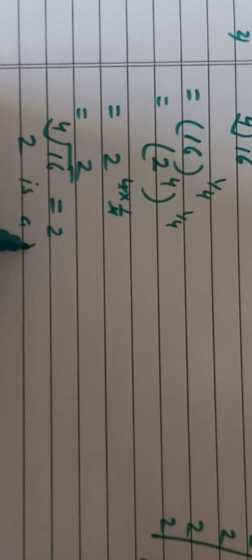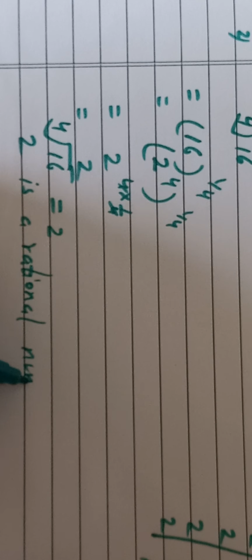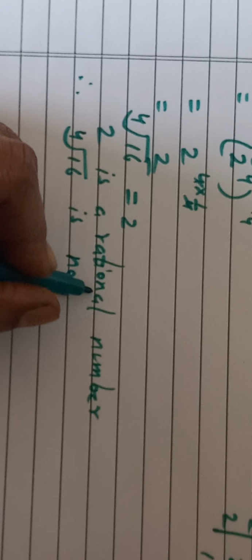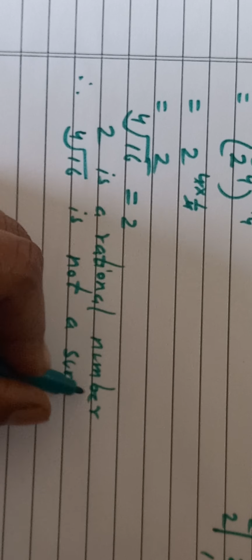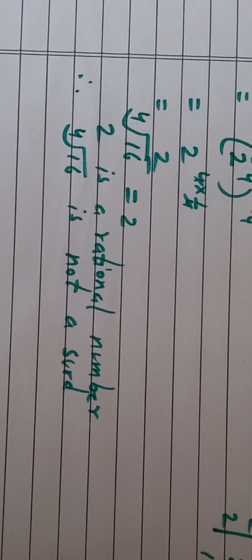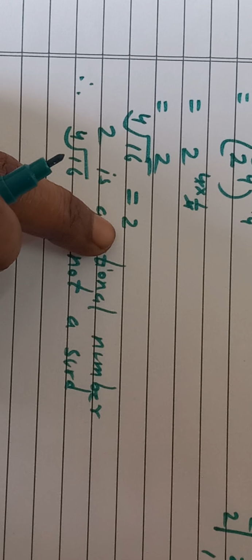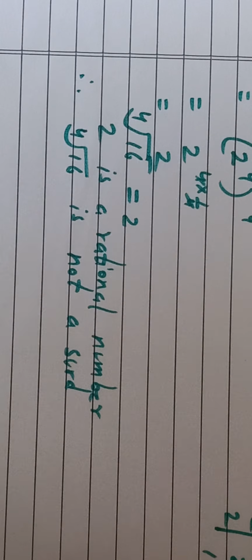Therefore, the 4th root of 16 is not a surd. For it to be a surd, the answer should be an irrational number. 2 is a rational number, which we have already discussed. So the second example, you can do it like this.